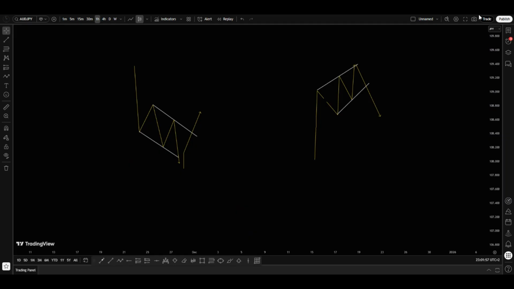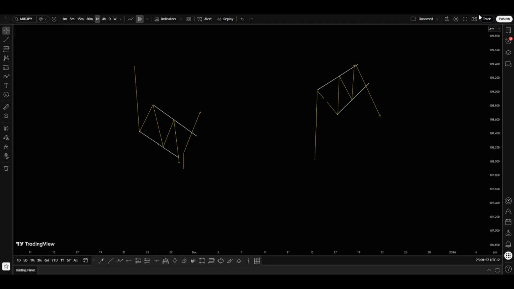Okay, so let me show you how it formed. So obviously we're pushing, we're going impulsively to the upside. Okay, let me try to use a different line. Yes, as I was saying, we're pushing to the upside impulsive.